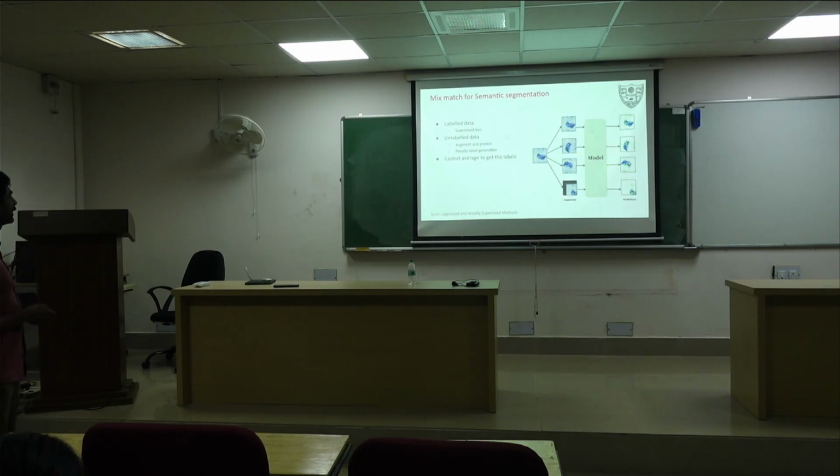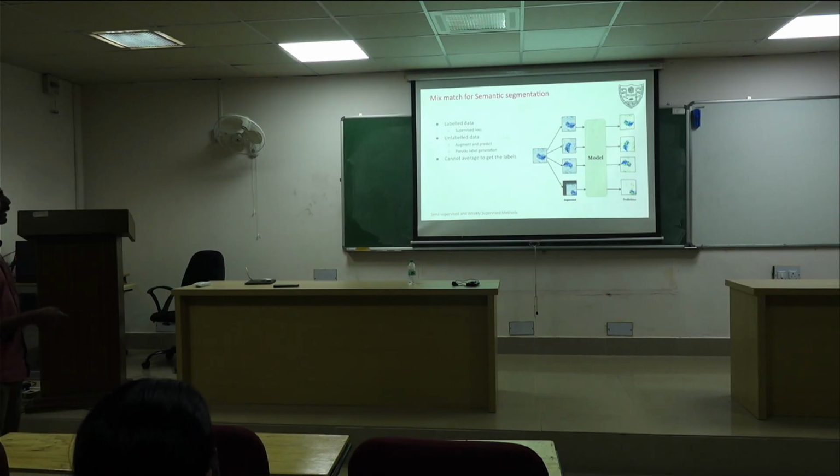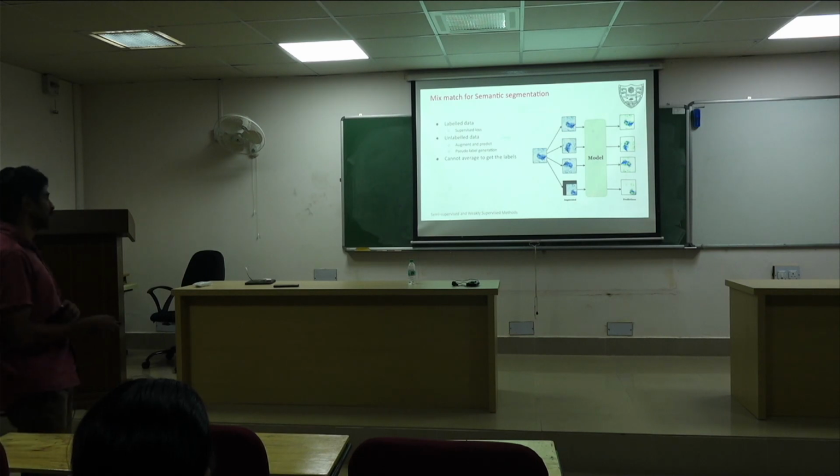The only thing is that you need to actually worry about the labels. If you have a label here and you do an augmentation which shifts the image, you need to shift the label also. So we cannot just average these labels to get the standard label in MixMatch.